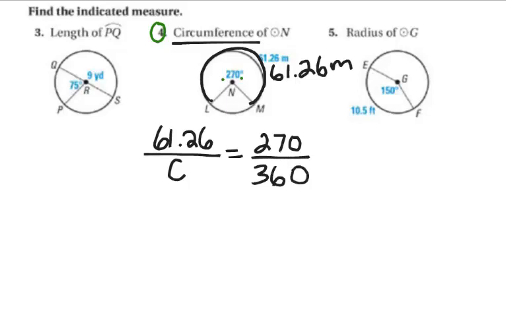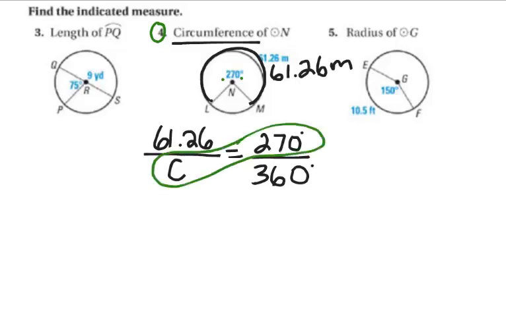Part over whole, part over whole. Since I'm actually looking for the entire circumference, I don't have to use the 2 pi r. I can leave it as c because that's what I'm trying to solve for now. And so we're going to cross multiply again.